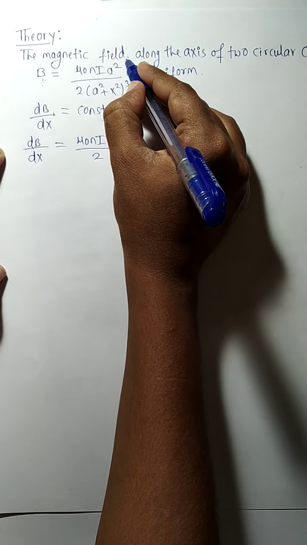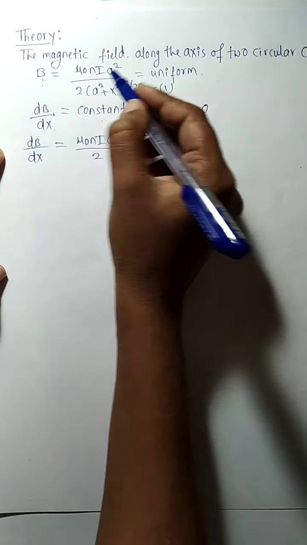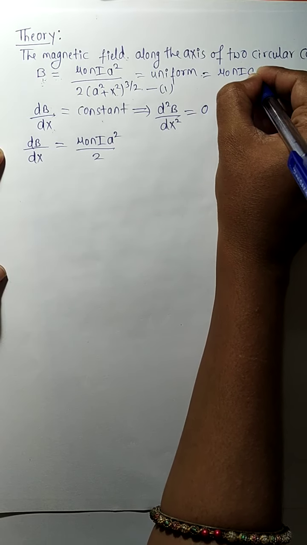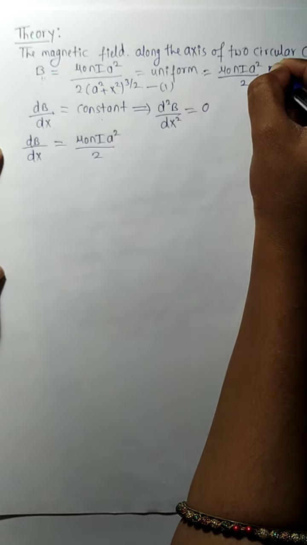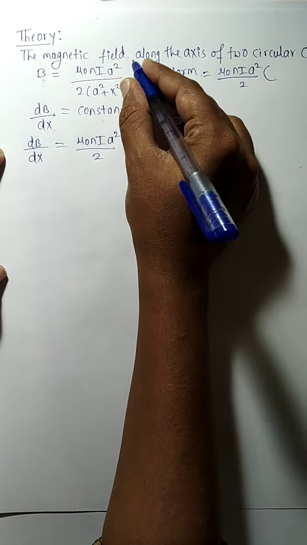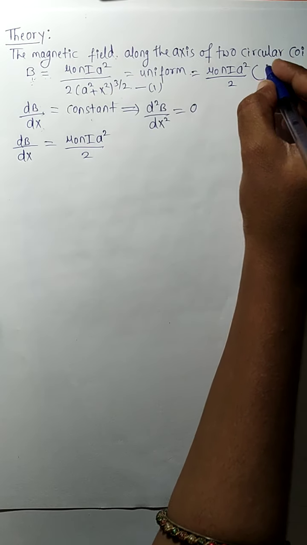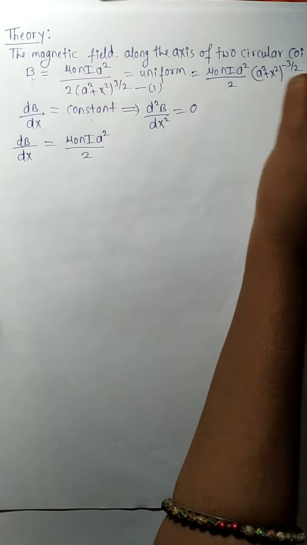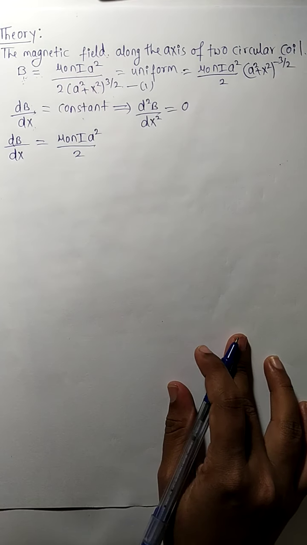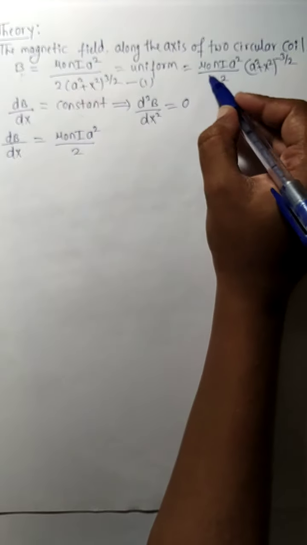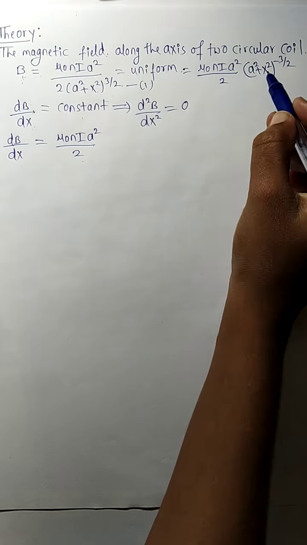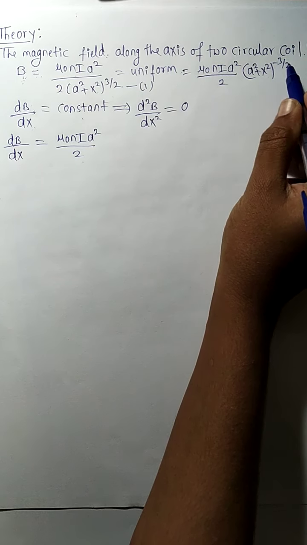If you take it to the upper side, it will be minus 3 by 2. This is equal to mu naught N i a square divided by 2 into, taking it to the numerator, a square plus x square raised to minus 3 by 2, isn't it? Now we are doing this differentiation. So mu naught N i a square divided by 2 I wrote as it is, and a square plus x square raised to minus 3 by 2.